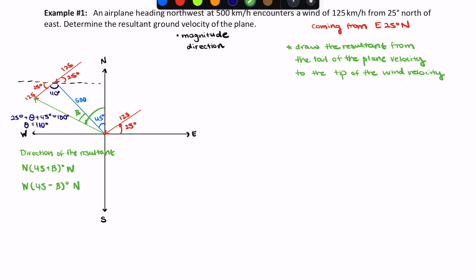First we'll find the magnitude of the resultant. Using the cosine law, r squared is equal to 500 squared plus 125 squared minus 2 times 500 times 125 cos of 110 degrees.